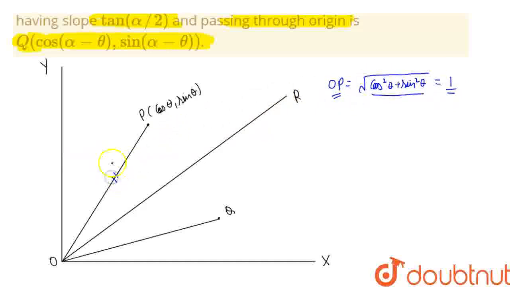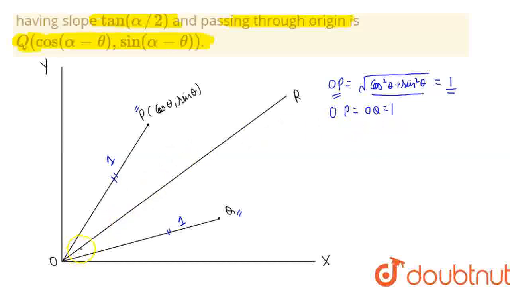So this length OP is of 1 units. Now since point Q is the image of this point P, so we can say that the OP length would be equal to OQ length by using the principle of reflection. So this length OQ would also be 1. Now we have concluded that OP is equals to OQ is equals to 1 by using the principle of reflection.